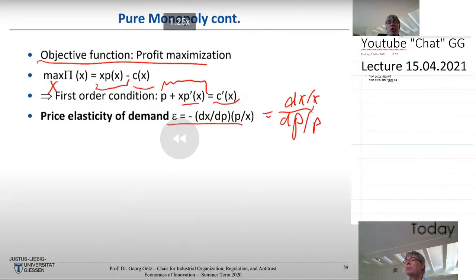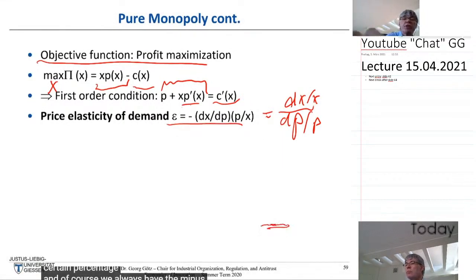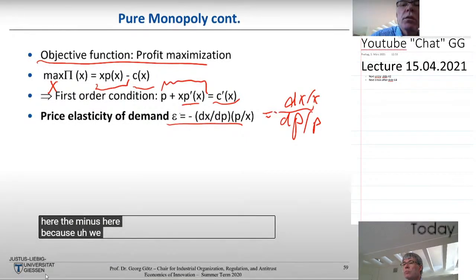So by how many percent quantity changes if price changes by a certain percentage. And of course we always have the minus here because we do that in absolute terms.